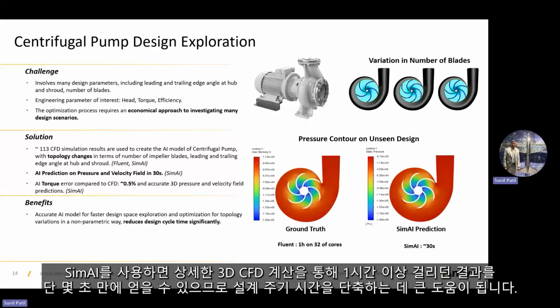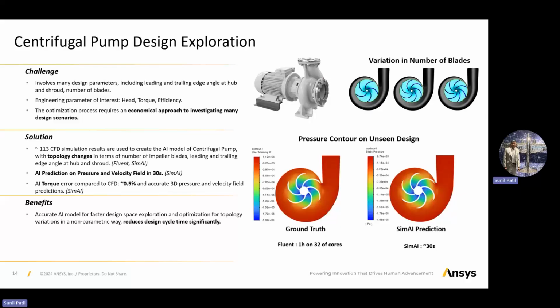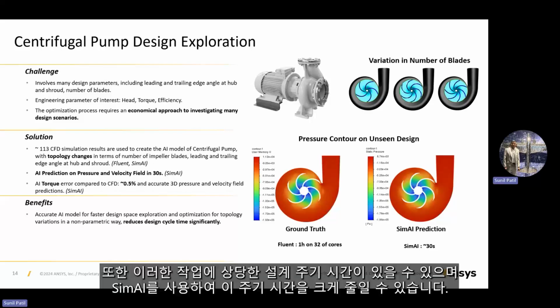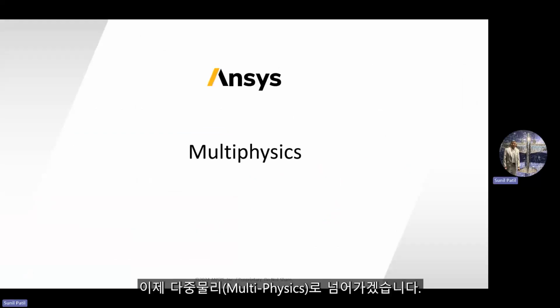That really helps to reduce the design cycle time, especially when you are looking to explore a wider design space and want to optimize your machinery. There can be a significant cycle time linked with that, and that cycle time can be substantially reduced using SimAI. So now we will move on to multi-physics.